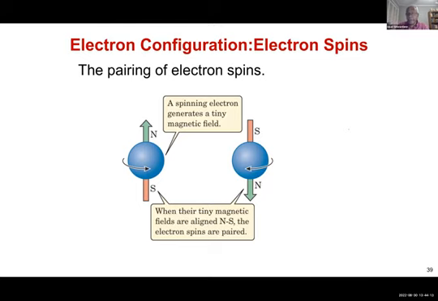When they go into an atomic orbital, they are normally found as paired electrons. Paired electrons means when this one is this way, this one is that way. In the atomic orbital, it's found as an electron pair.